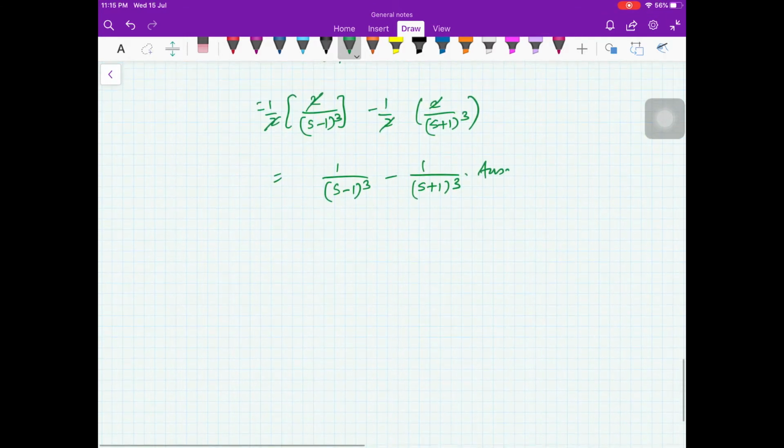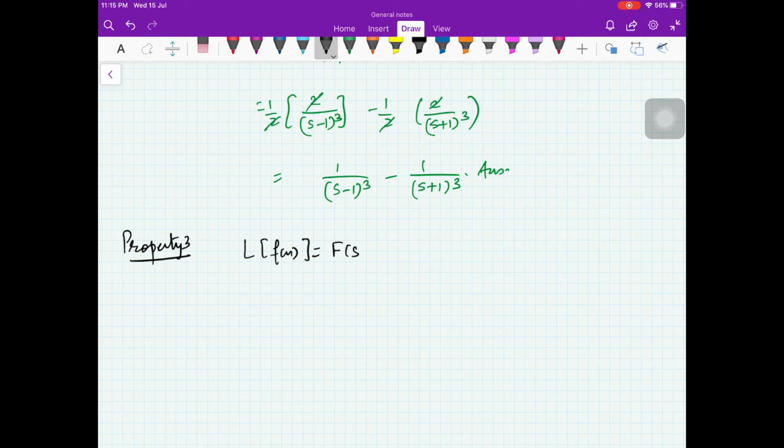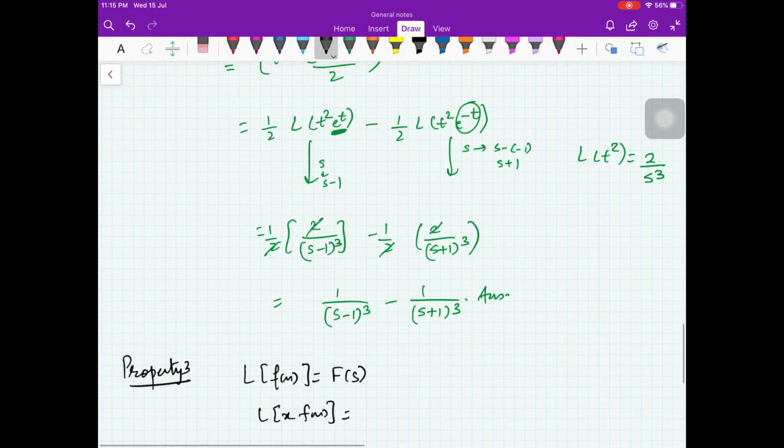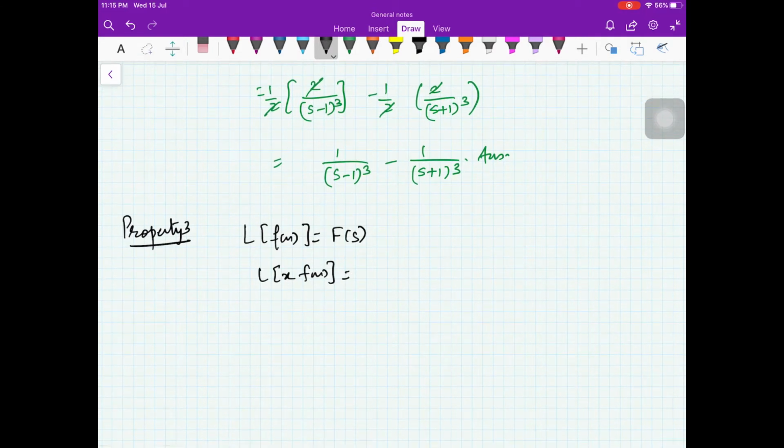Now let us look at the third property. Okay, property 3. This says that suppose you have L of f of x is f of s, then if you multiply with x on the left hand side, then you will get the derivative on the right hand side with respect to s, of course, with a negative sign.